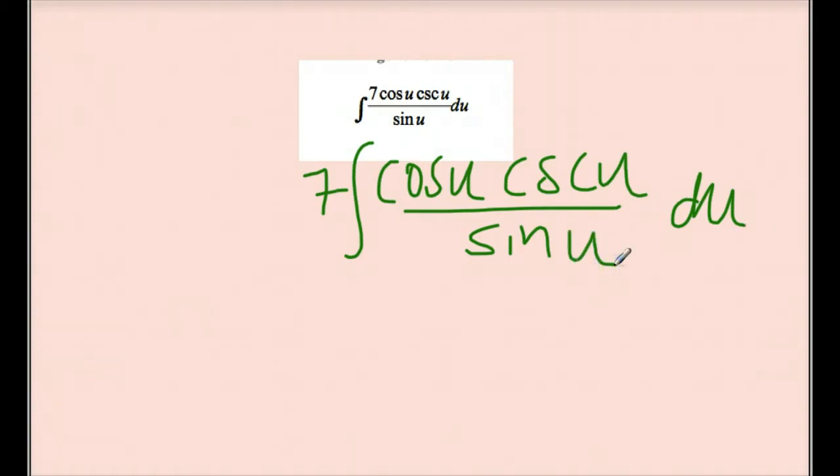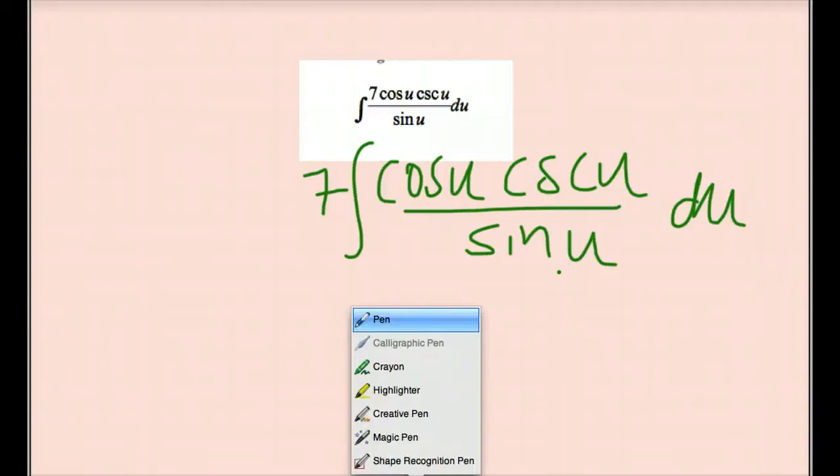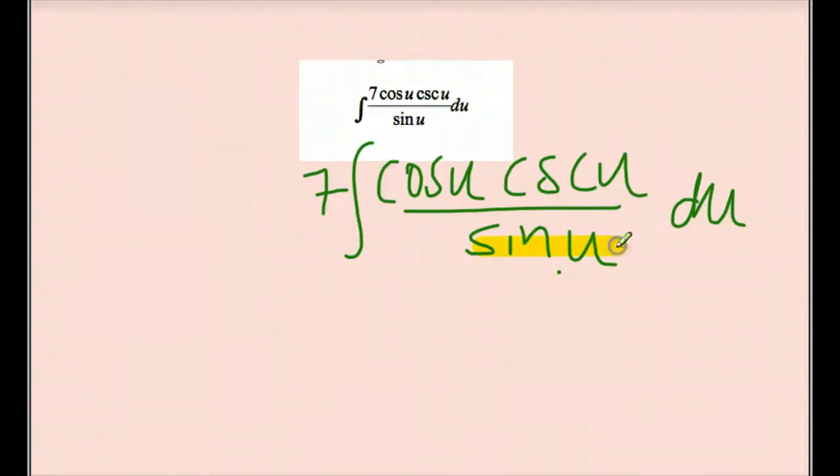So what identity matches a sine of u in the denominator? Good, I have 2 options. I have a cosecant. I also have a cosine over sine, which is a cotangent. So according to what I have, I notice not only do I have this sine u over here, but I also have a cosine u here, which leads me to want to use my cotangent integral.